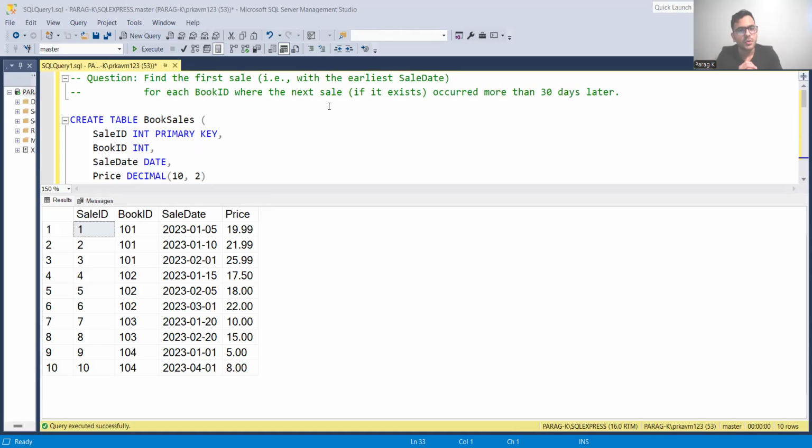So you want to find those odd books which are not getting sold that much. That is the logic behind the question, that is what we want to find. Let's say some sales happen on day one, but for a month there are no sales for that particular book. So that's a problem, right?